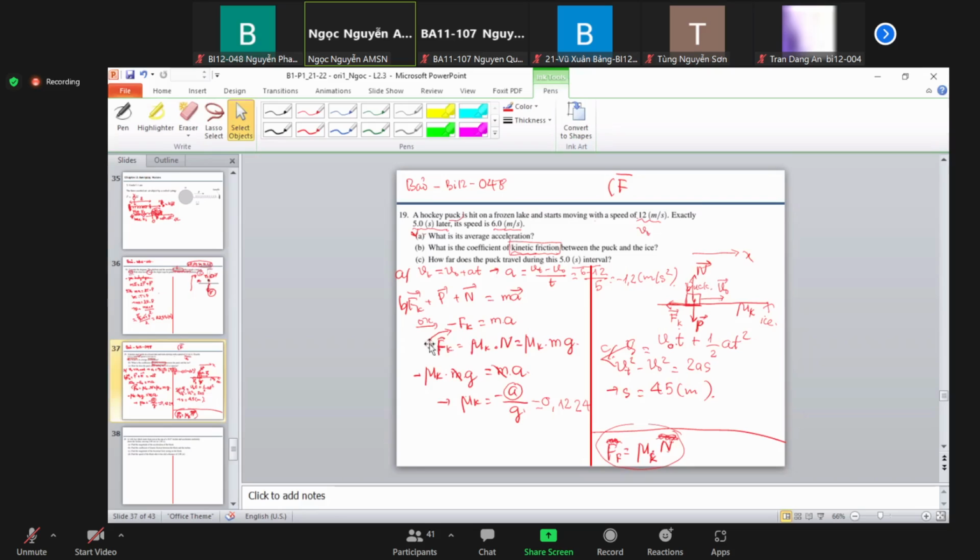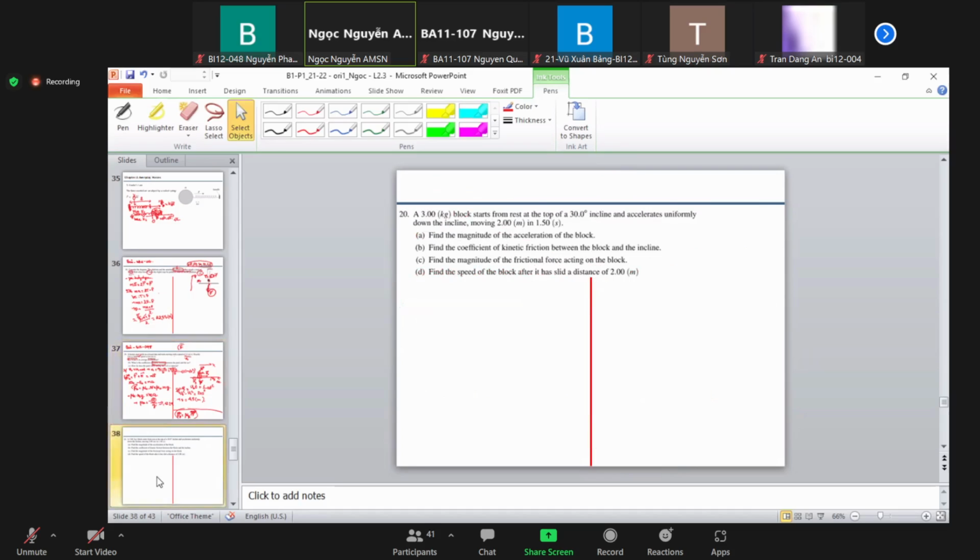The magnitude of the friction force in this case is mu multiplied by N. And the last thing in this problem is you have to know how to apply Newton's second law. That's everything. And part C is from chapter 1. We move to the next problem.